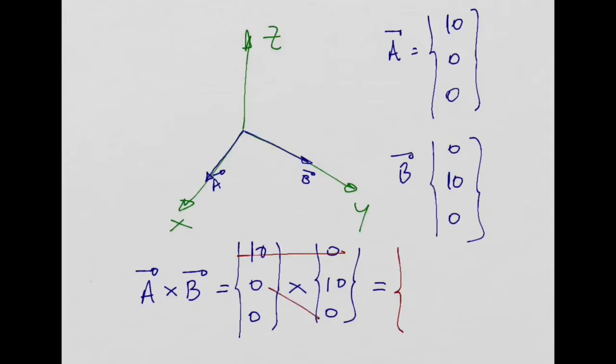This times this, which is 0, minus this times this, which is also 0. Agree with me? So the first term in the cross product is 0. Let's go to the y component now. For the y component, I ignore the y, and then I do this cross product here. This times this, which is 0, minus this times this, which is also 0. Agree with me? So the y component is also 0.